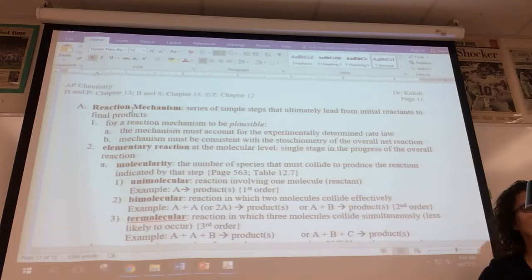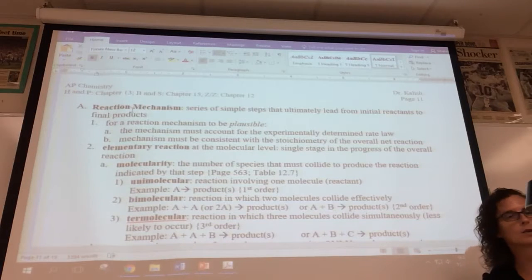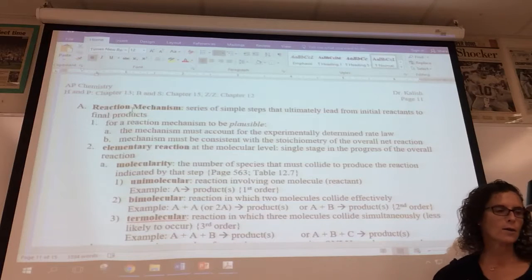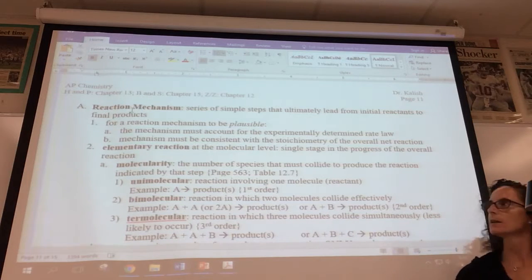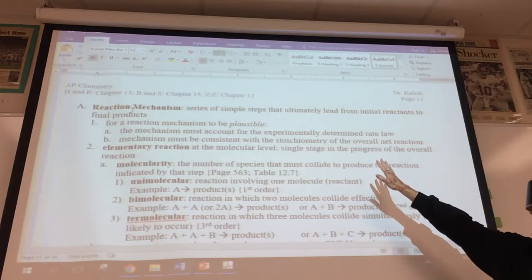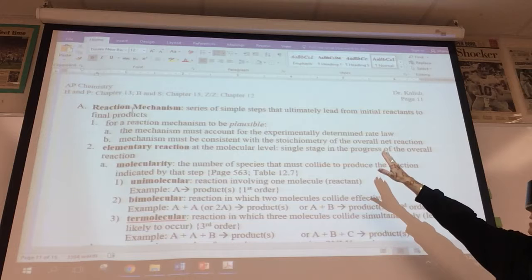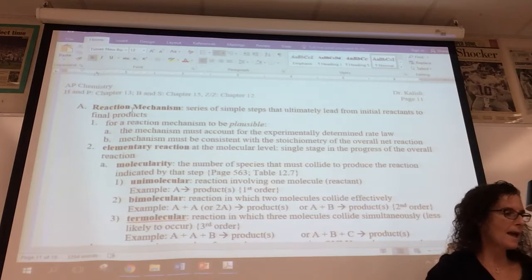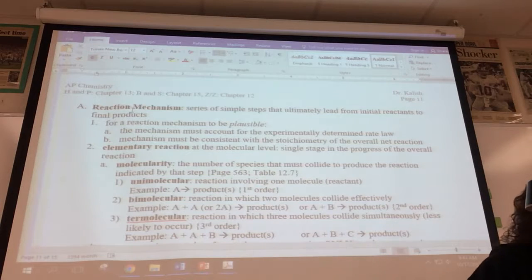And so we're going to look at these steps along the way because they very much can influence whether products are generated. So in a reaction mechanism, we're going to look at a series of simple steps that ultimately lead from reactants to products. And this pathway is going to be critical.